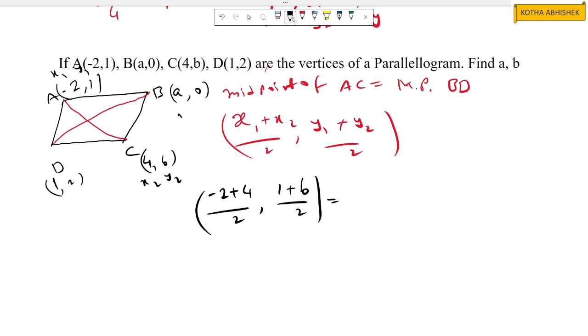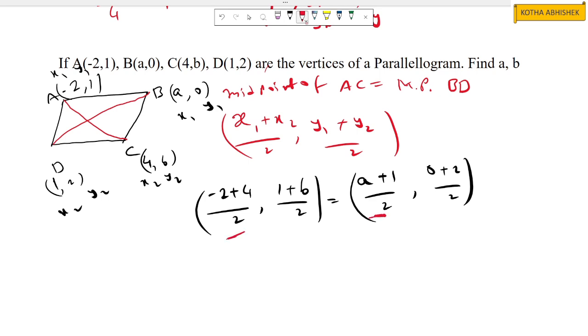So this I am taking as x1, y1 and this as x2, y2. So x1 plus x2, that is (a plus 1) by 2 comma (0 plus 2) by 2. Close it. Now make the x coefficient equal to x coefficient and y coefficient equal to y coefficient.